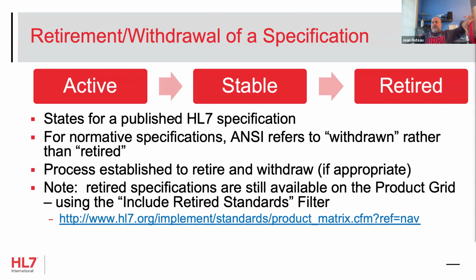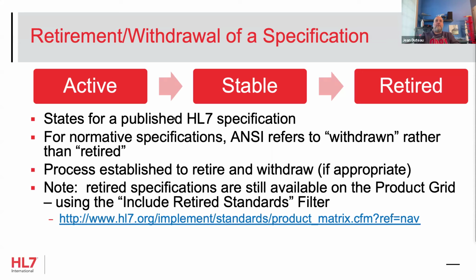So that's specifications that you've balloted and gone through the ballot, and then they get published and everything's cool. Later on, as you've got this published specification, now what happens? Depending upon the type of specification it is and how long you have, you may need to retire or withdraw a specification.